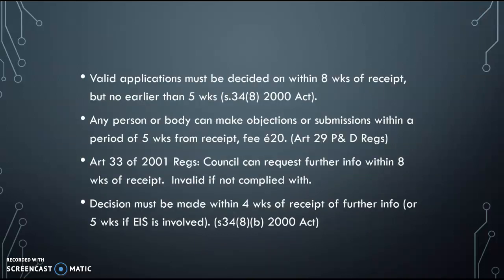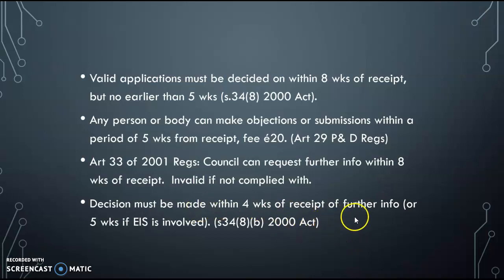Valid applications must be decided on within 8 weeks of receipt, but no earlier than 5 weeks, because that is the window for observation by the public. So you can't decide before you receive all the observations and consider them. Any person can make an objection or submission, so there's full public participation in the planning process in Ireland. You had that very early on, from the 1960s, and we were very advanced compared to some other countries in Europe with that.